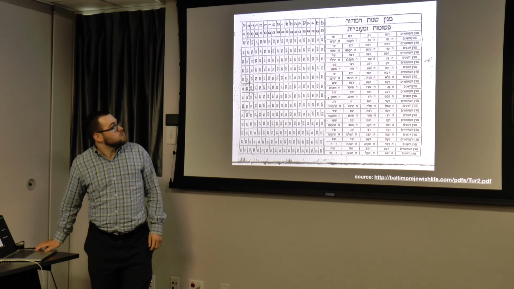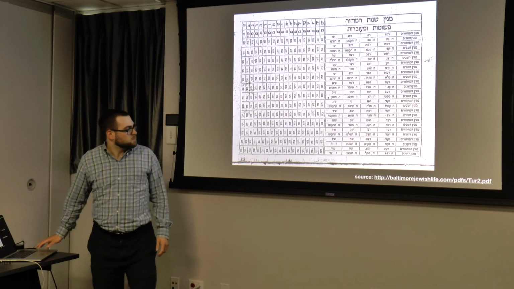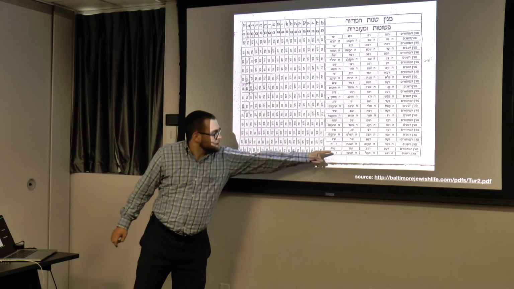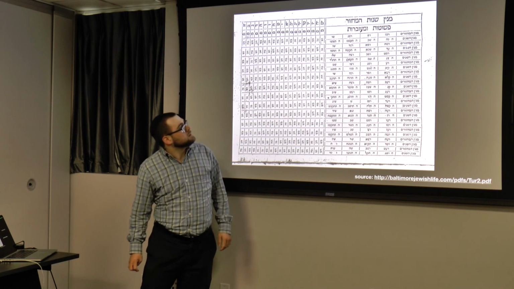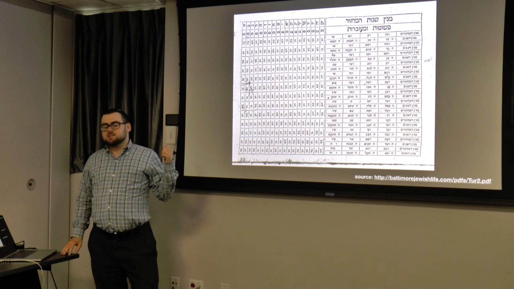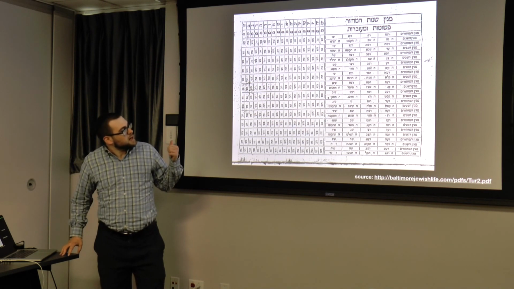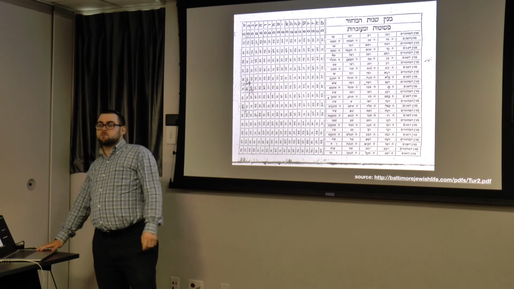Up to 5,000. Look at the right side. The right table goes past that. Above Havdalah, flip that one there, that's the last one. Yeah, that's 6,020. I don't think this is actually the Tur chart. I think this is a chart based on it.